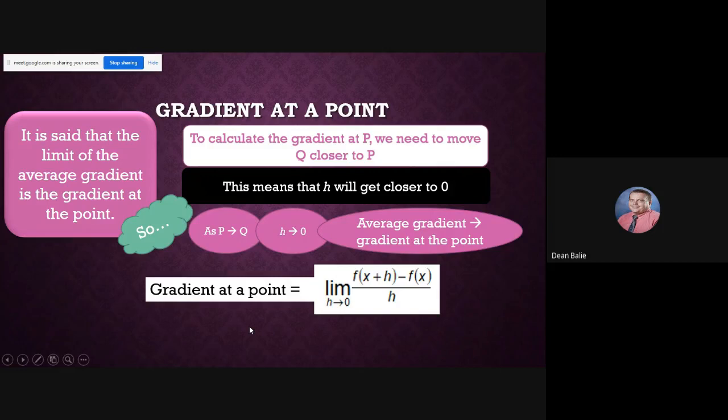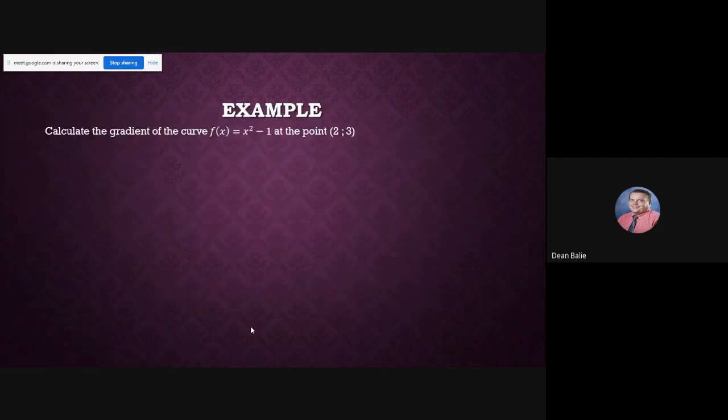Okay, so I haven't given you any work today. I haven't given a worksheet to do or anything. I want you to be able to absorb this, but I do want you to work out and see if you can calculate the gradient of that curve at that point. Okay. I know I haven't done an example with you. I really do want you to be able to just work through this. I will go through this example with all of us tomorrow in the lesson tomorrow.